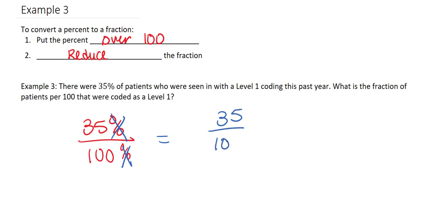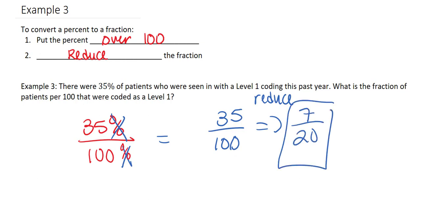It does ask what is a fraction of patients per 100, so this should be 35 over 100, but you definitely want to reduce. So we would divide the top and bottom by 5, so we get 7 over 20, and that would be our solution.